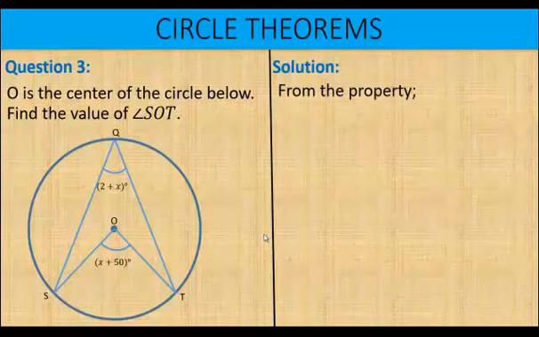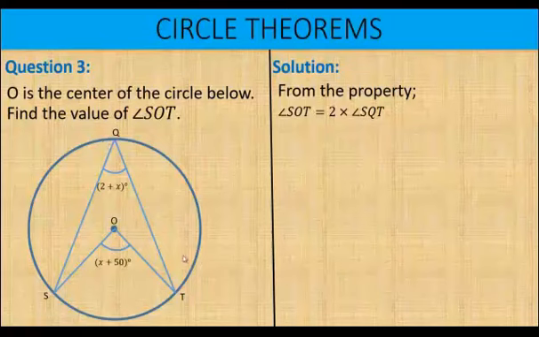So from the property, we know that angle SOT, which is the angle at the center, is equal to multiplying the angle at the circumference by 2, which is angle SQT, and that is what you see on the screen.